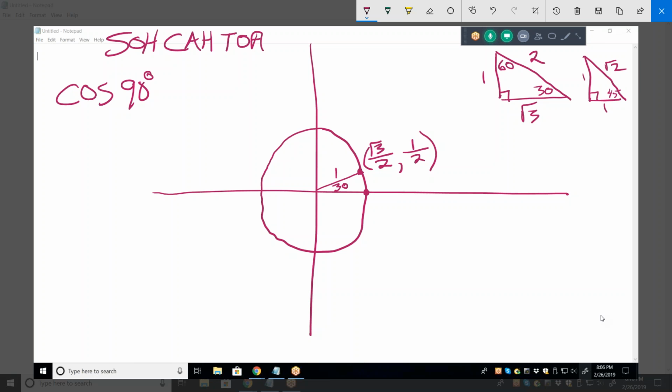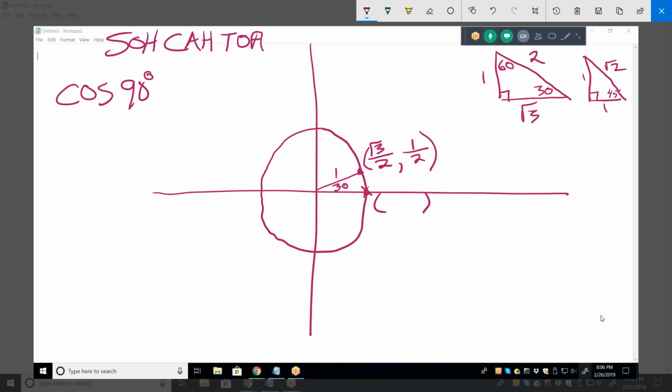What are the x, y coordinates of that point I just put on there? Remember, every radius is 1 in this unit circle. What's the x-coordinate? Root 3 over 2? No, we're talking about this point now. Look at it.